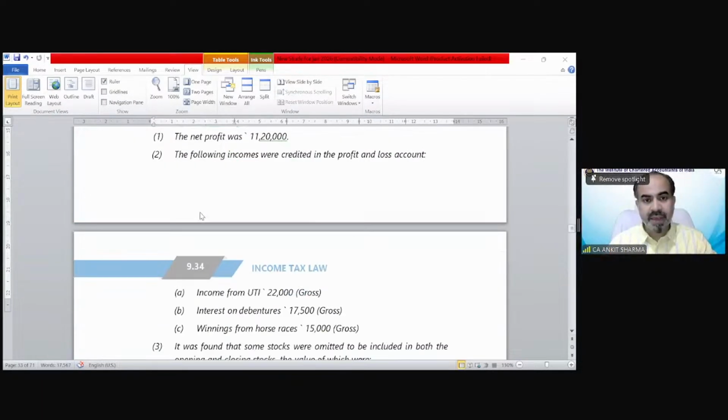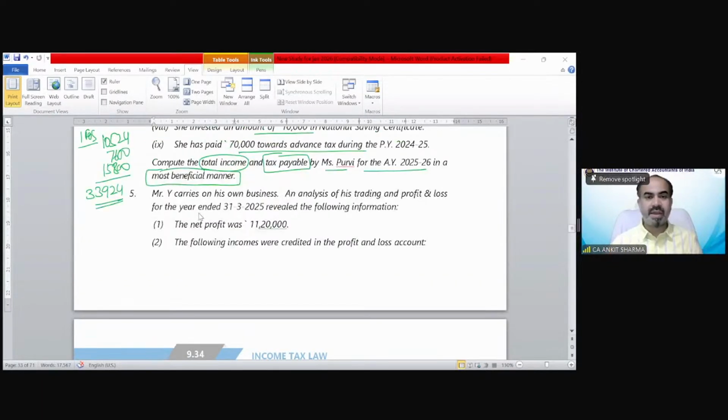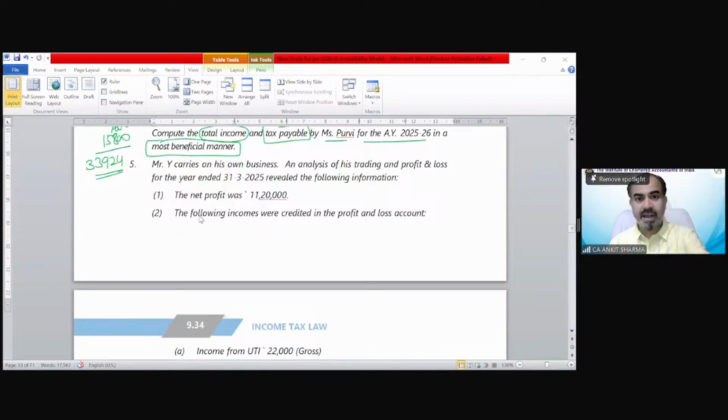Now question number 5. Mr. Y carries on his own business. An analysis of his trading and P&L account for the year ended 31st March 2025 revealed the following information. The net profit was 11,20,000.